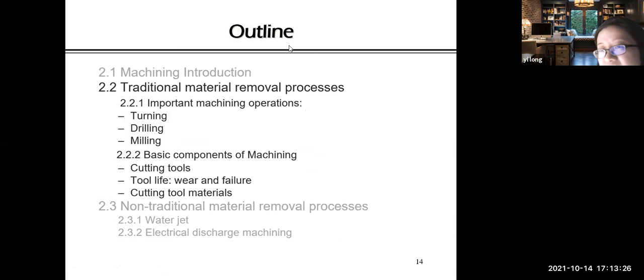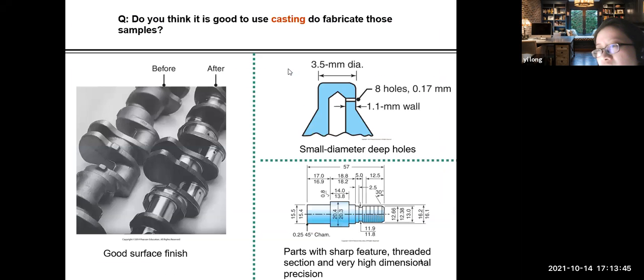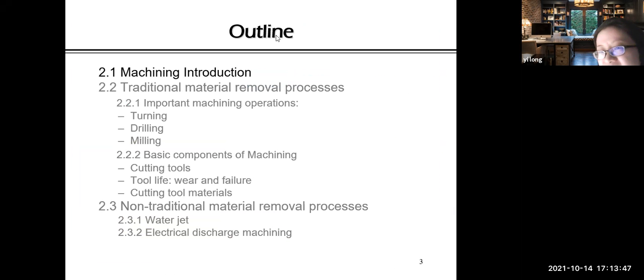Why does it take a long time to produce? Because for the die you need to spend time to do it. You need to prepare the die, prepare everything. So the traditional material removal. This is the stuff from the very beginning. It should be faster than sand casting. Yes, it's faster than sand. Correct.